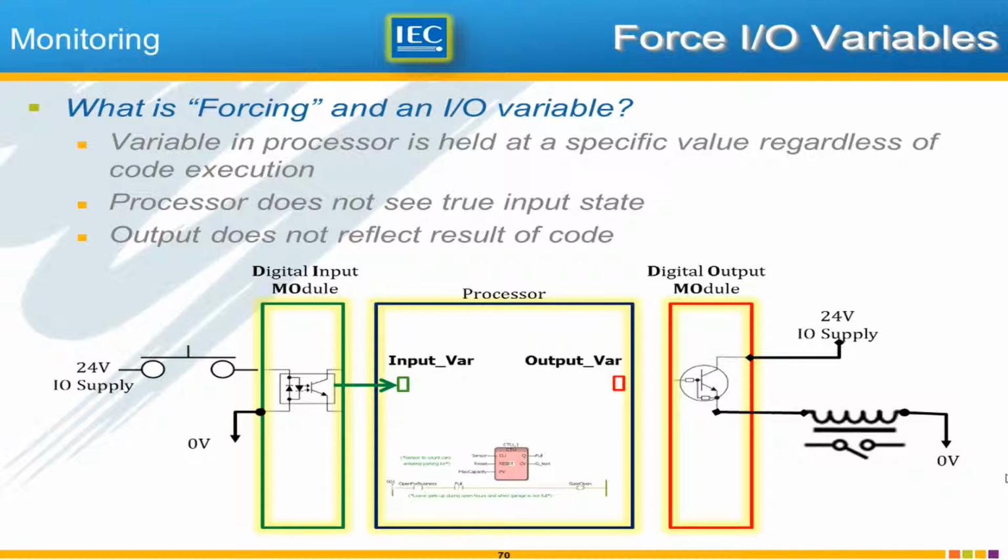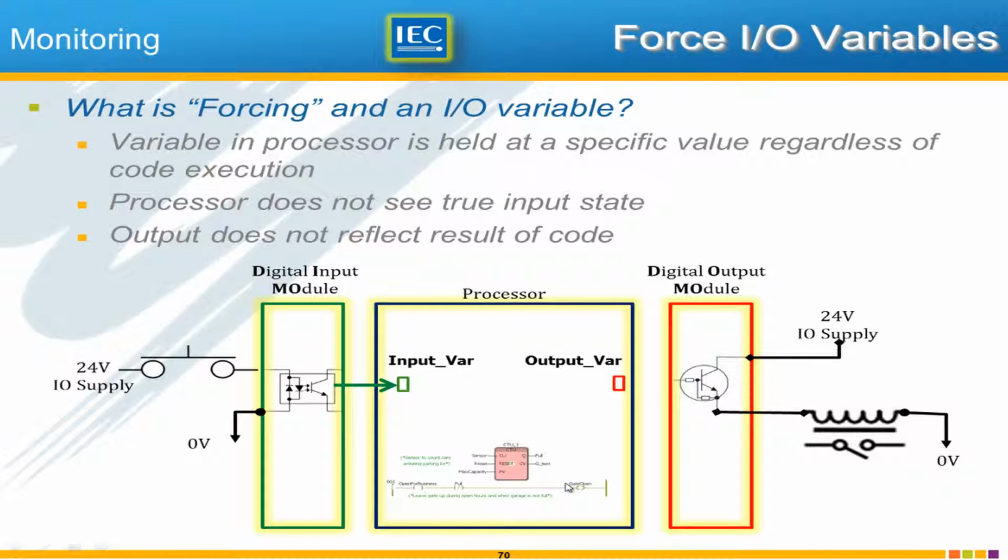So what's really happening when you force an I/O variable? What it means for inputs is that regardless of the state of the electrical circuit in the input module, and regardless of the state of the input module, we're going to force that input variable to be held at whatever value we're forcing it to. In the case of a digital input, that's true or false. So when a variable is forced, the processor does not truly see the input state of the real-world input, and the real-world output is not affected as a result of the code.